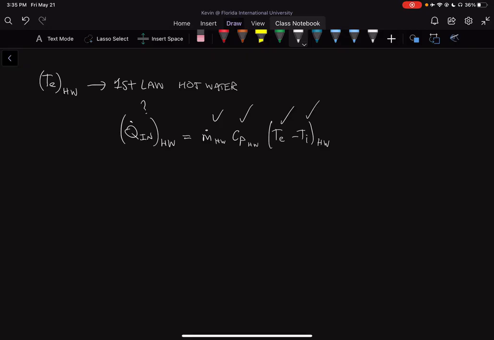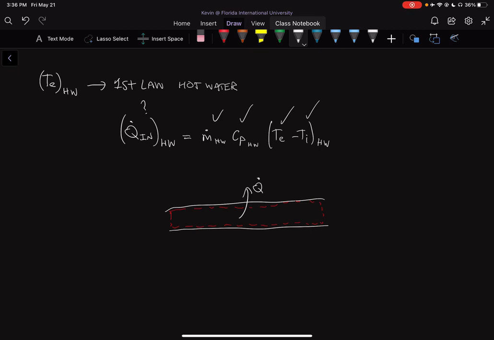Well, let's look at our diagram really quick, and let's just zoom in to our hot water alone. And I'm going to redraw it just for the hot water. So if we look at the hot water system, we had put a boundary in red. And this boundary in red, we had said that Q dot was leaving to the cold water. So this is Q dot. Now Q dot is leaving the hot water system, okay?